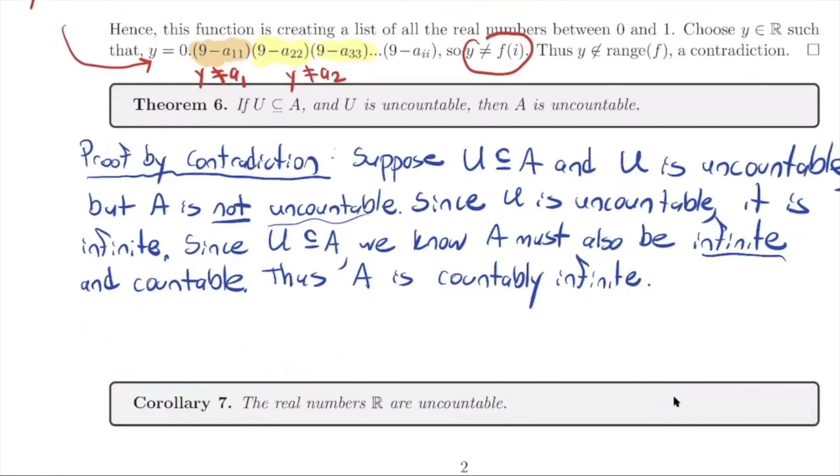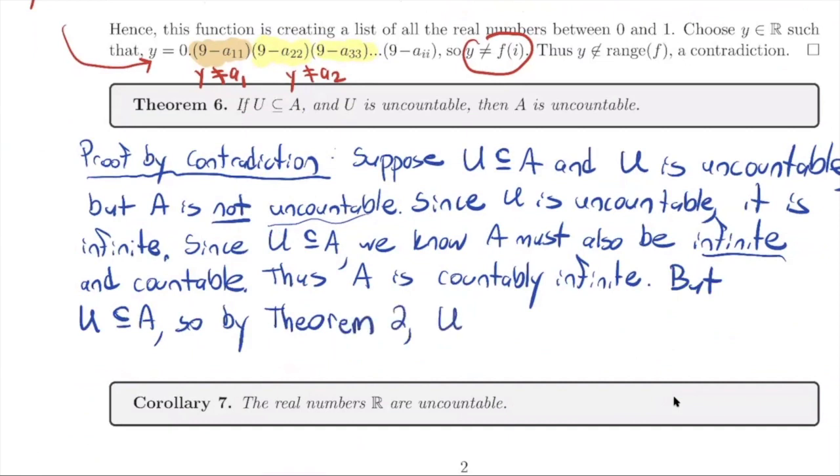So what we've got at this point in the proof, A is countably infinite. But since U is a subset of A, by theorem 2, U is countable, okay, which is our contradiction.